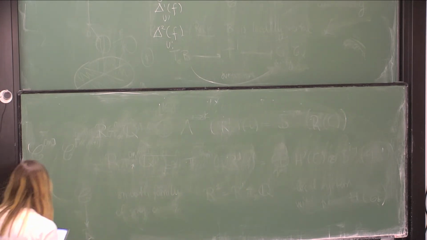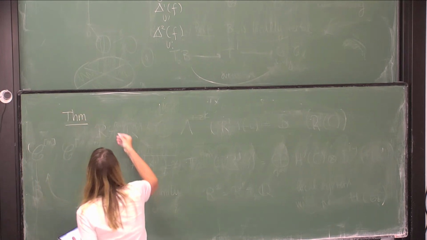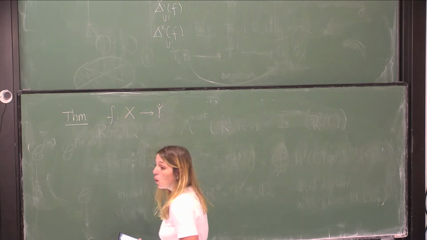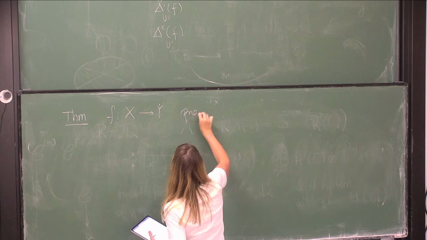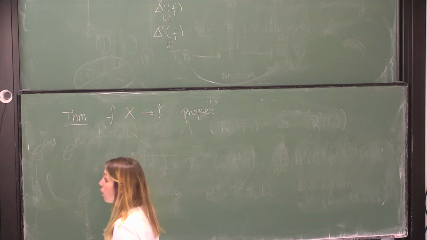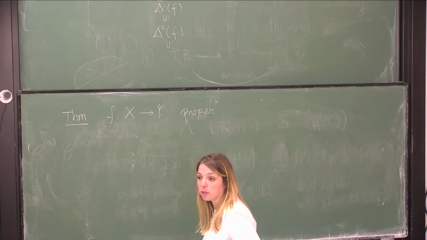So the theorem, to be precise, is the following. We have a map f from X to Y. We ask it to be proper, just because it's the general setting of the map that the decomposition theorem considers. In our case, we had compact fibers, so our map was proper.